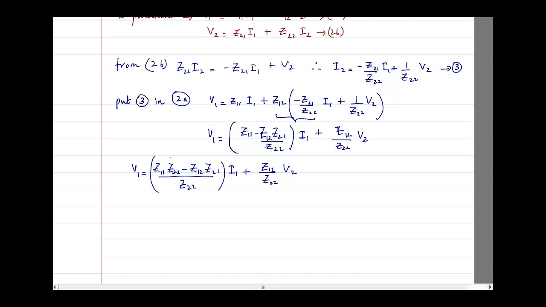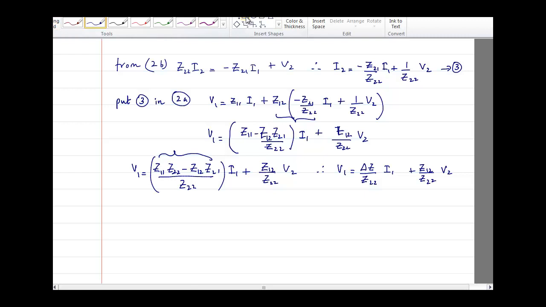This whole thing can be written as delta Z. Z11 into Z22 minus Z12 into Z21 is basically the determinant of Z. So therefore I can write V1 is equal to delta Z divided by Z22 I1 plus Z12 divided by Z22 V2. Now look at the equation.